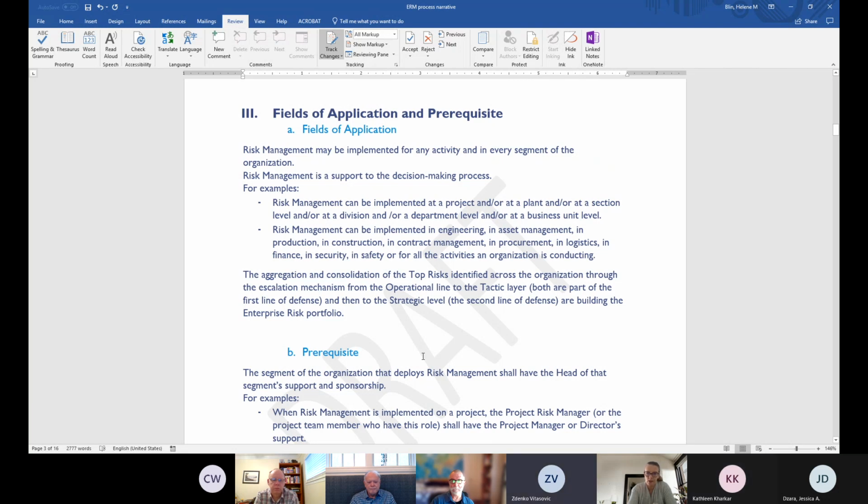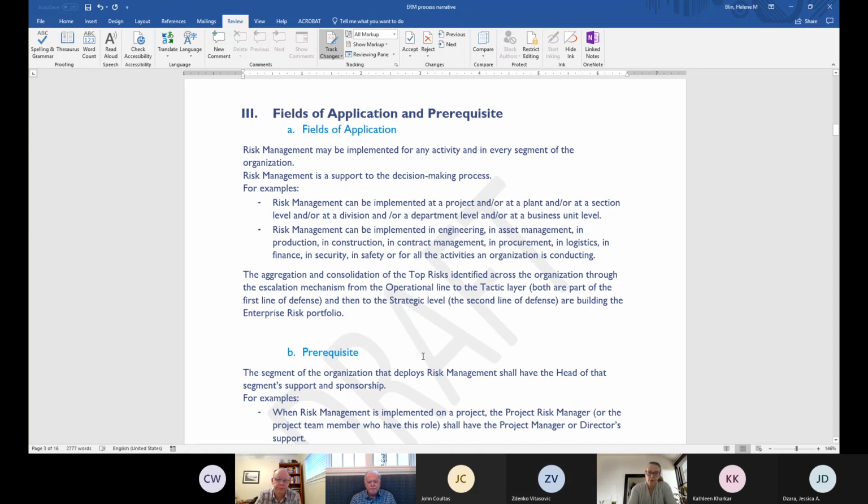And here I've stated some examples of activities and segments of the organization where it might be implemented: in a plant, at the section level, at the division level, at the department level, or at business level, and it can be implemented in engineering, in asset management, etc. So I've given several examples of what it means to be implemented in any activity or every segment of the organization.